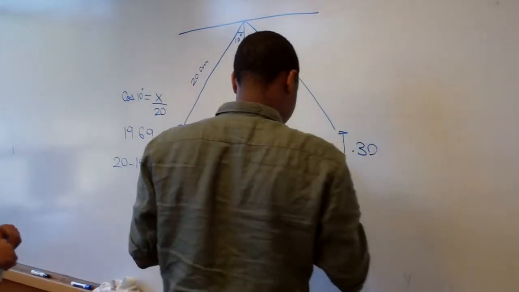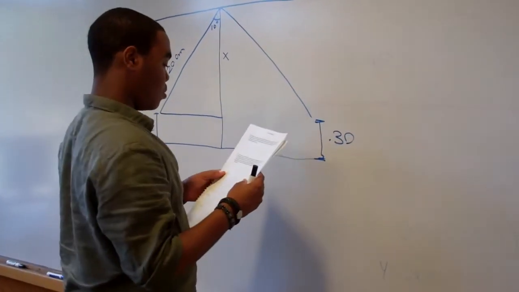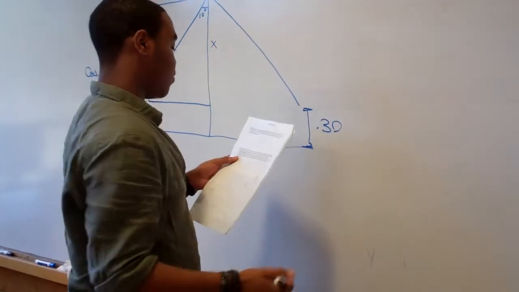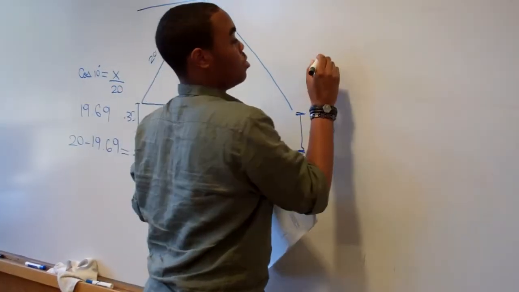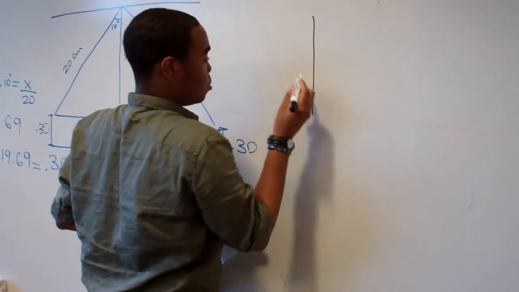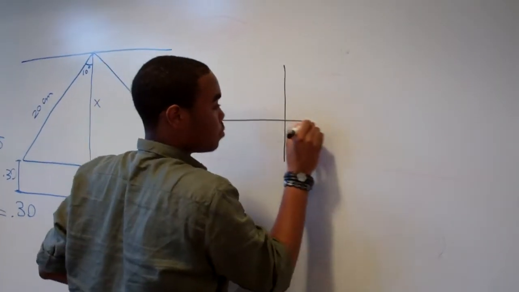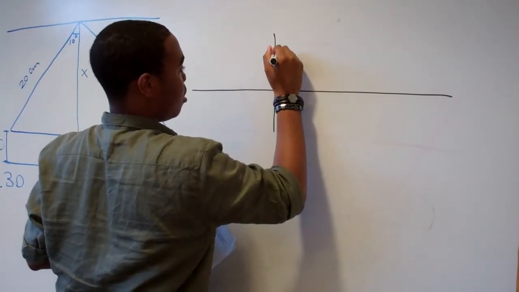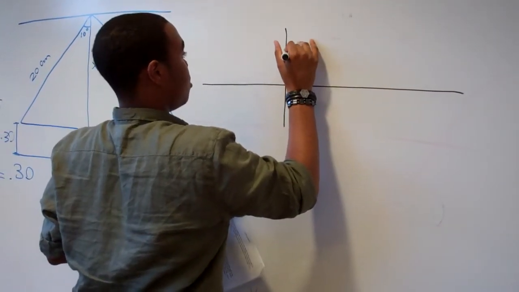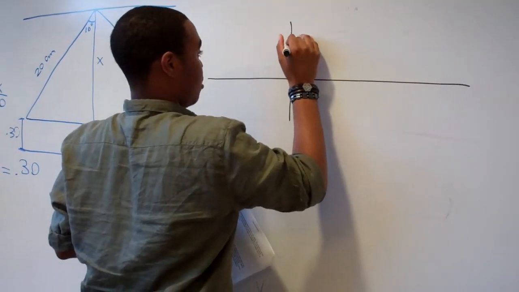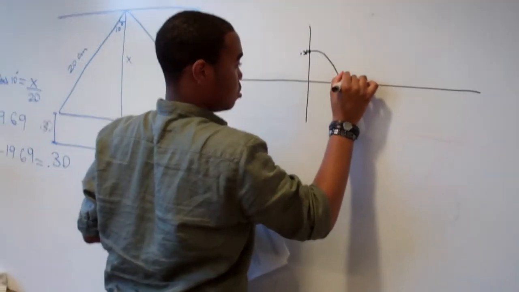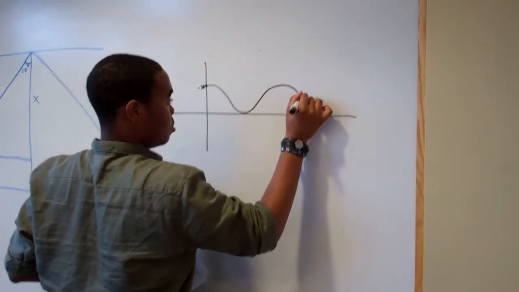So the question asks, how high will the string be at, wrong part. It says find the equation for the height as a function of time. So it's going to look like a cosine graph. We start at 0.30, we go down, back up.